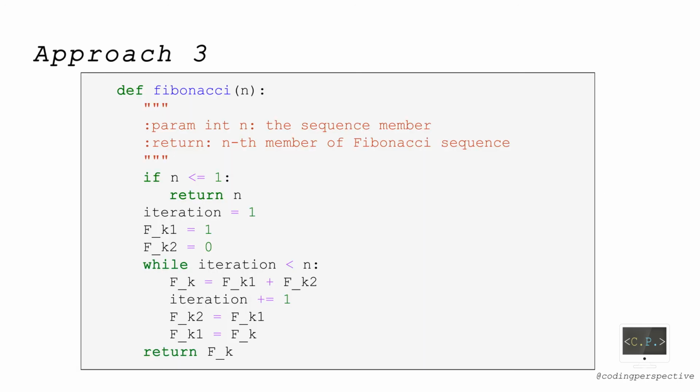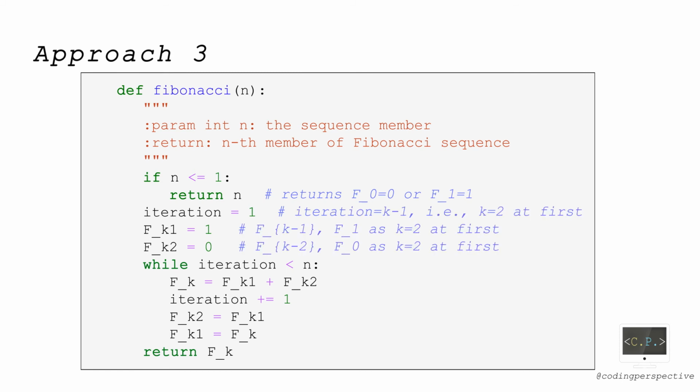This time, our function looks more complicated than the previous ones. At first, we check if n is less than or equal to 1. If so, the function just returns 0 or 1 as we did in the first approach. Otherwise, we initialize the first step of the function by assigning iteration to 1, fk-1 to 1, and fk-2 to 0.